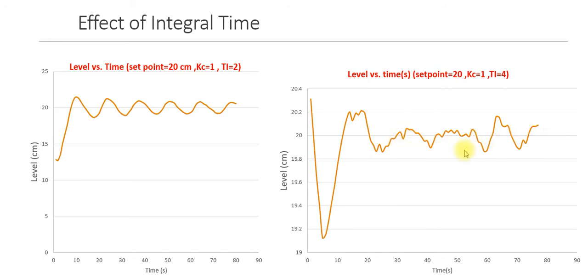Now what do you say about this? Is the control improving or is it getting worse? The oscillation is not that much if you see quantitatively. So when you interpret your data, you have to be careful and see the scale. Okay, so what do you do? You have to change the scale.